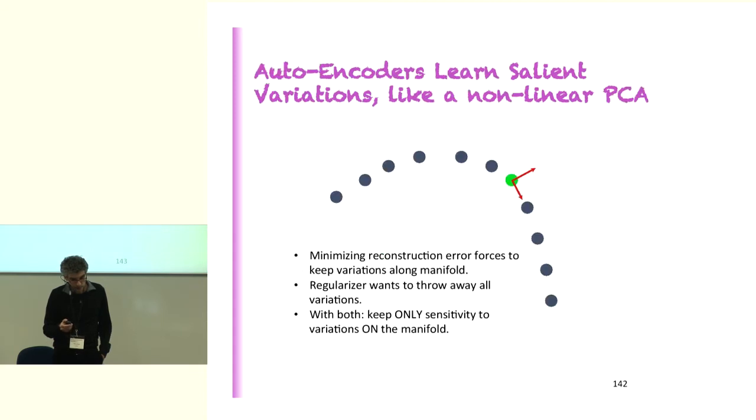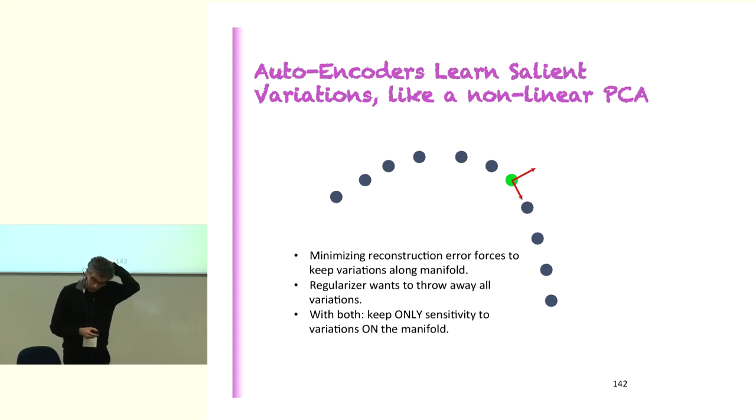Let's see what's the kind of geometric intuition behind these autoencoders, these regularized autoencoders. So let's consider your training data as points. And let's say there is some structure, like a manifold, near which they pass.